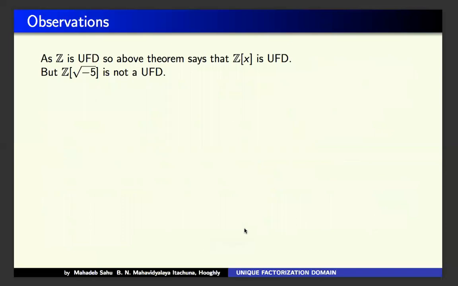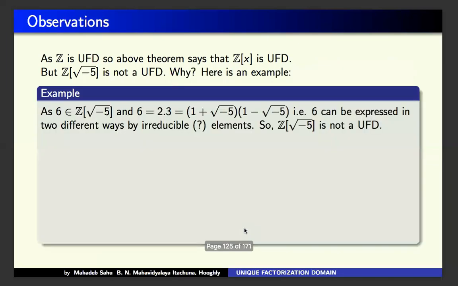Now we have some observations. Z is a UFD, so from the above theorem we can say Z[x] is a UFD. But if we take Z[root minus 5], it is not true at all. Here is an example. 6 belongs to Z[root minus 5]. 6 can be written as 2 into 3, and it can also be written as 1 plus root minus 5 times 1 minus root minus 5.